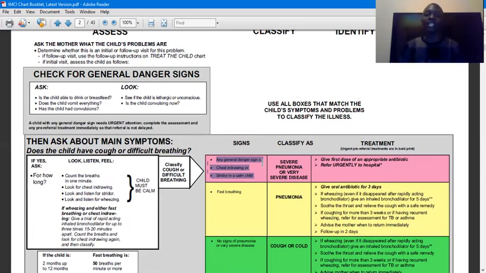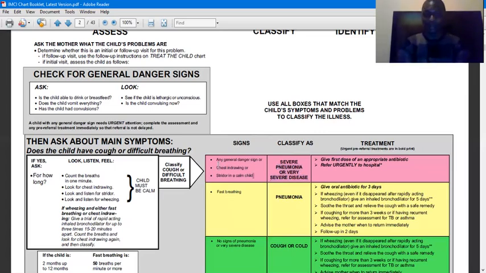Meaning if the child presents with any of the general danger signs, and these are accompanied by either chest indrawing or stridor, you need to classify the cough or difficulties in breathing as severe pneumonia or a very severe febrile disease. So I'll repeat this statement again.